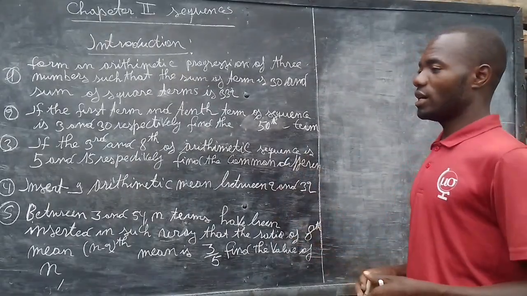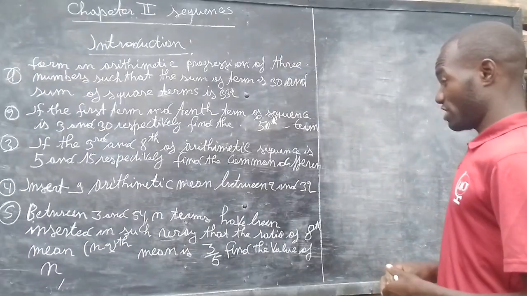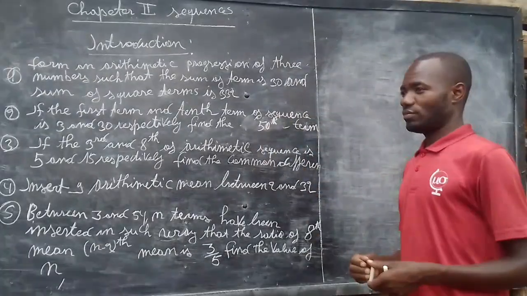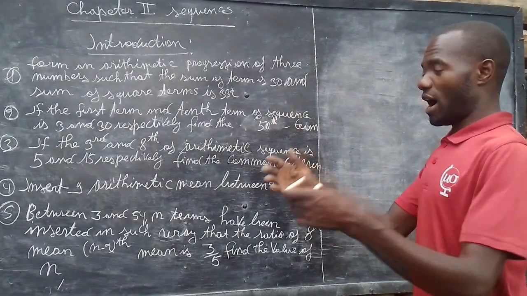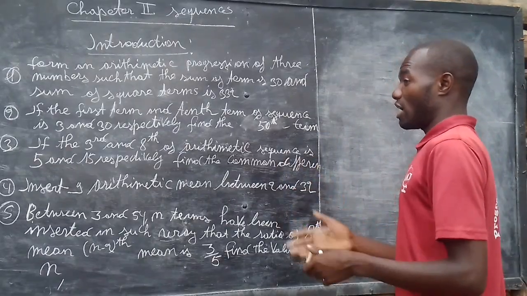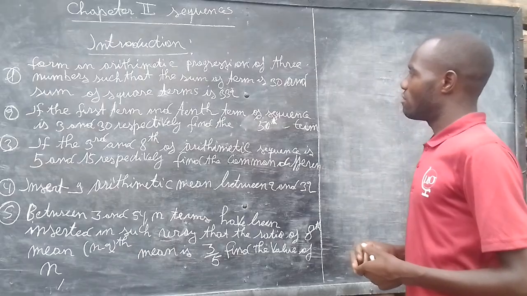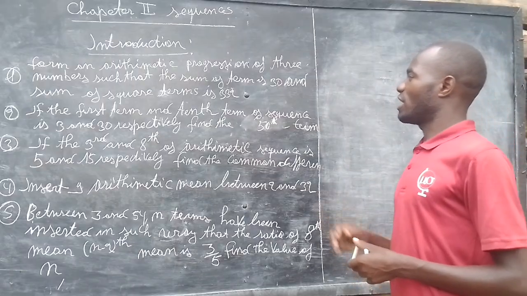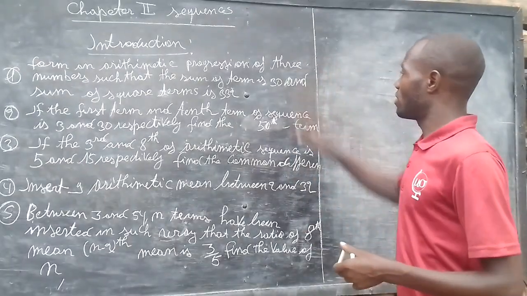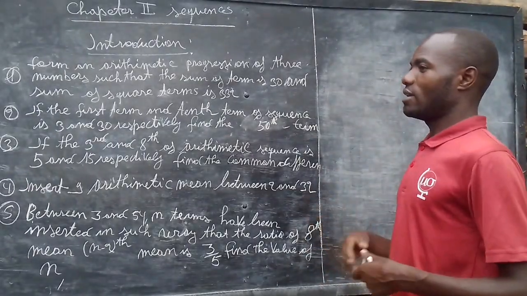That is what we call an arithmetic progression. It follows a pattern of adding a fixed number to a number to get the next one. So let's go and you will see how we are going to solve the first one, and I think you will understand the way we are solving it.